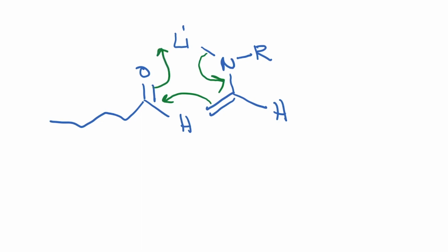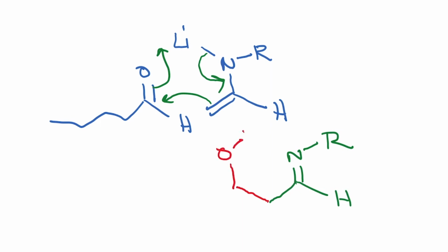The product formed is C double bond N, and R remains the way it is. This becomes a double bond, the hydrogen remains here, and this is the new carbon-carbon bond that is formed. There's an oxygen, and the lithium is now bound to this oxygen, perhaps with some weak interaction over here, and the rest of the carbon chain remains this way.